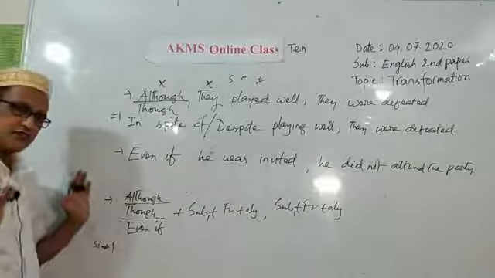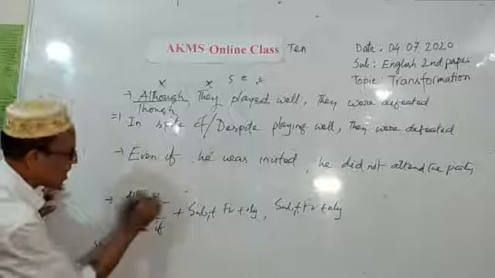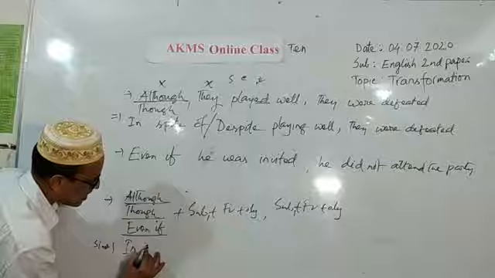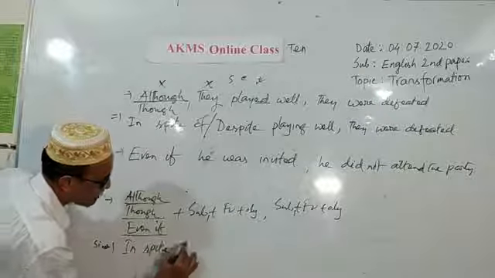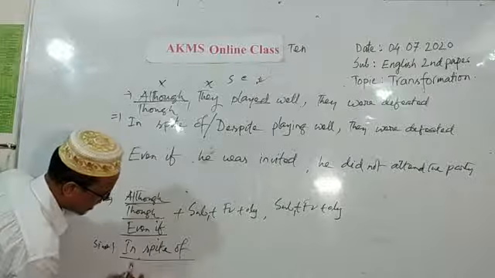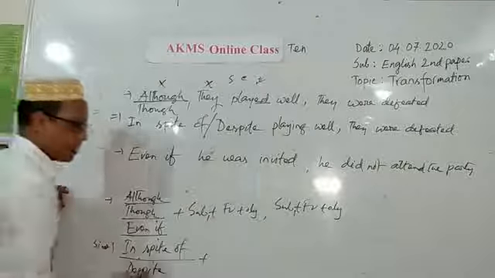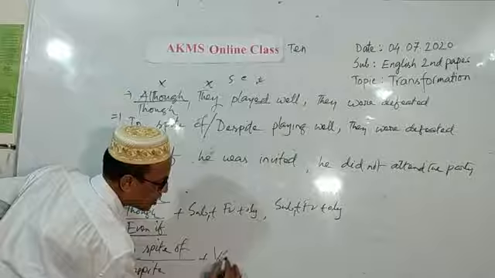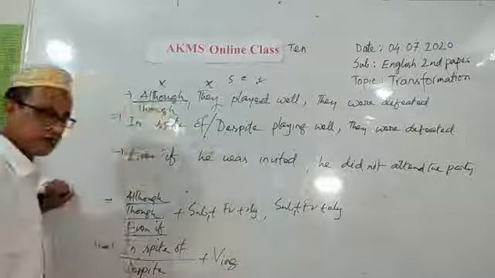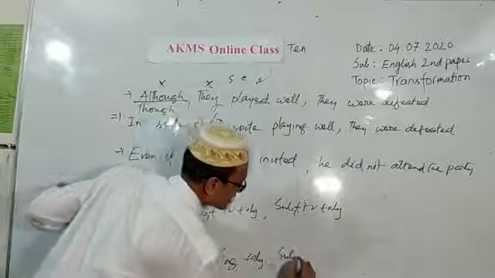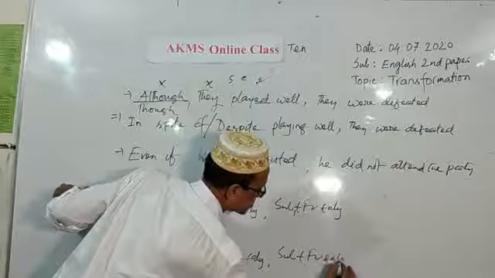What have I done? I have erased the conjunction, and here I used in spite of or despite. Then the ing form of the finite verb, and then object, then the principal clause: subject, finite verb, and object.